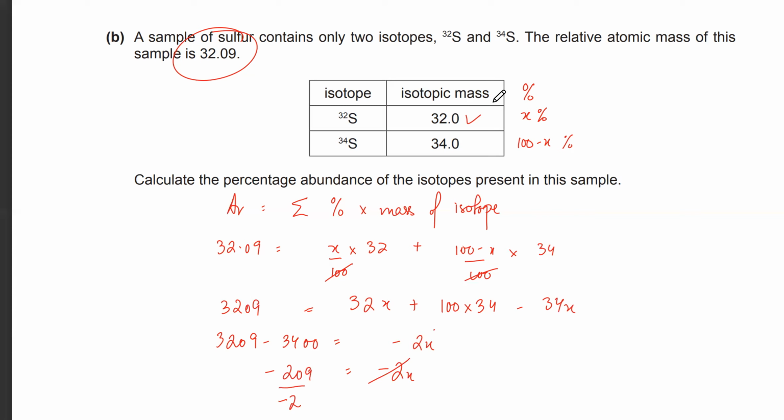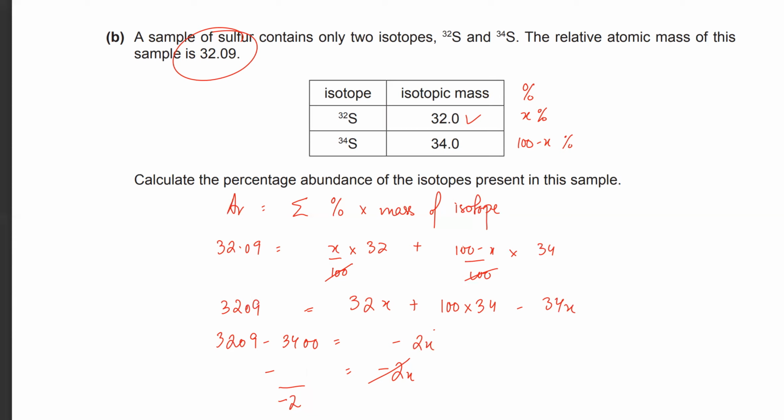Okay, there are only 2 isotopes. So if this is X%, the other one would be 100 minus X%. So this math, make sure I did this correctly. So the average coming, sir, 3209 minus 3400 makes minus 191. I made a mistake there.